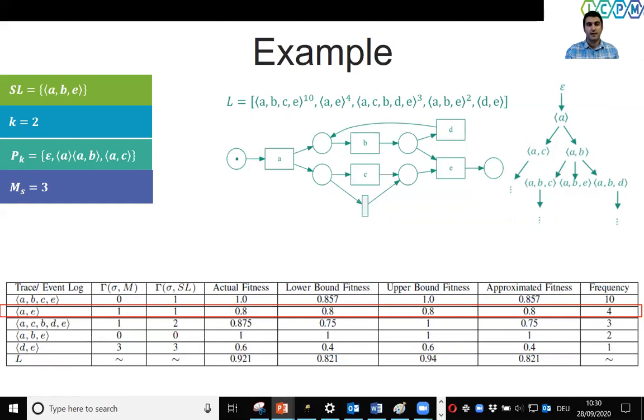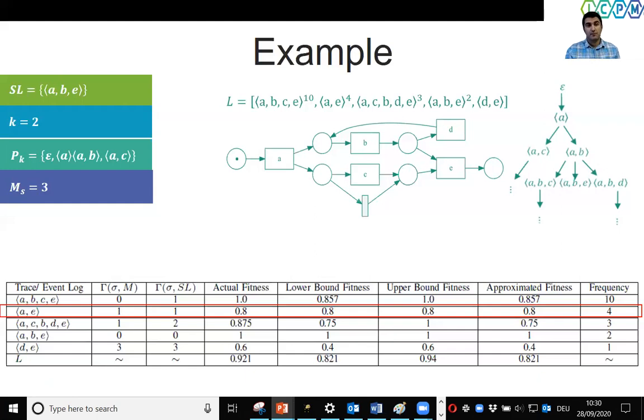So we will have a simulated log with only one trace, that is ABE. The shortest path in the model, MS, is 3. Also, when we discover all prefixes up to length 2, k is equal to 2, so we have the empty sequence, prefix A, AB, and AC.